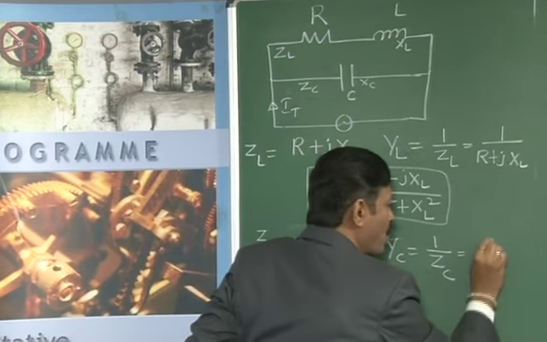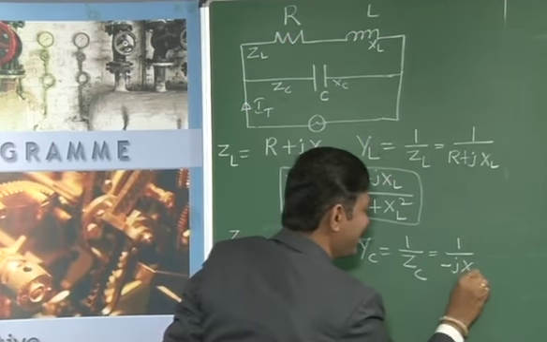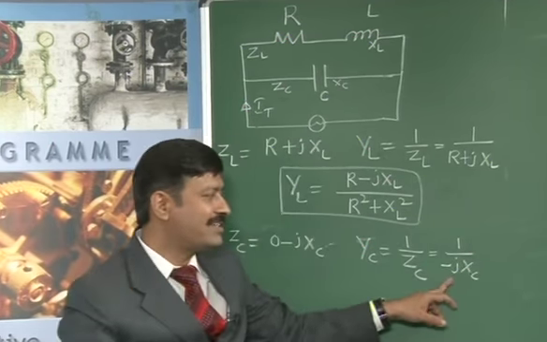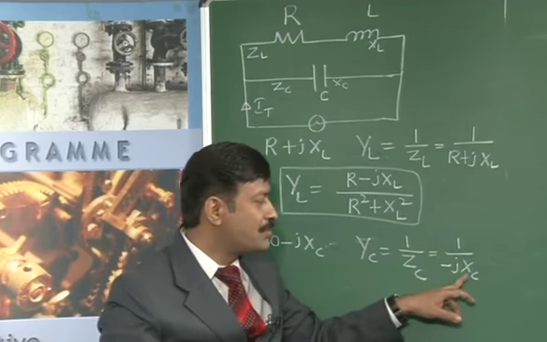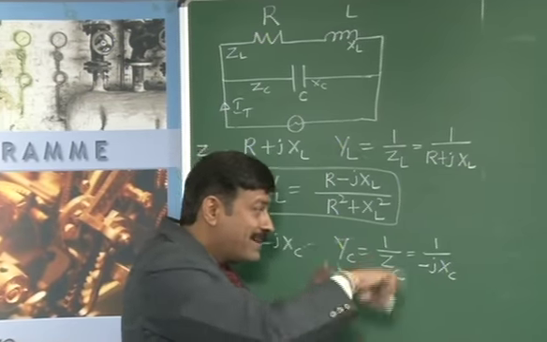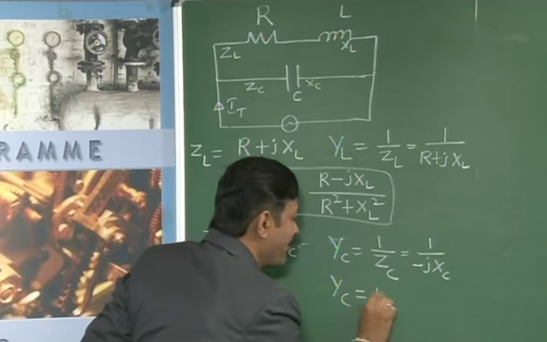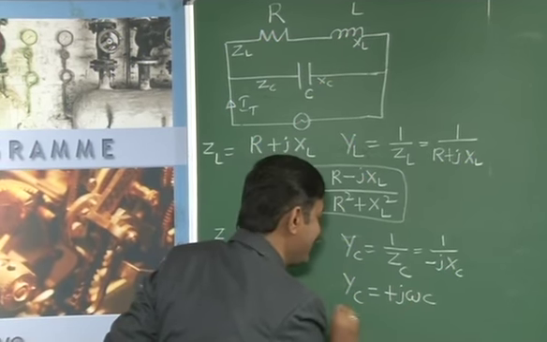Substitute here, 1 by ZC value, minus JXC. If you send minus J to the numerator and you substitute XC is equal to 1 by omega C here, omega C goes to the numerator side. Finally, YC is equal to plus J omega C only.